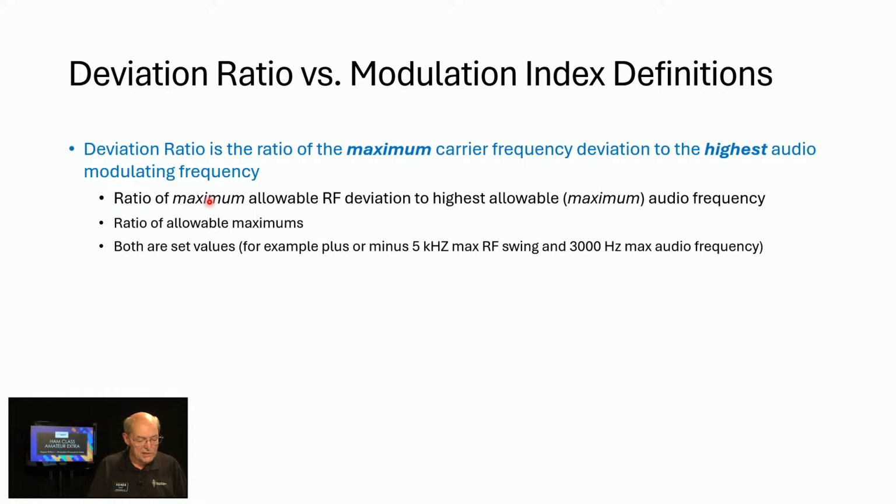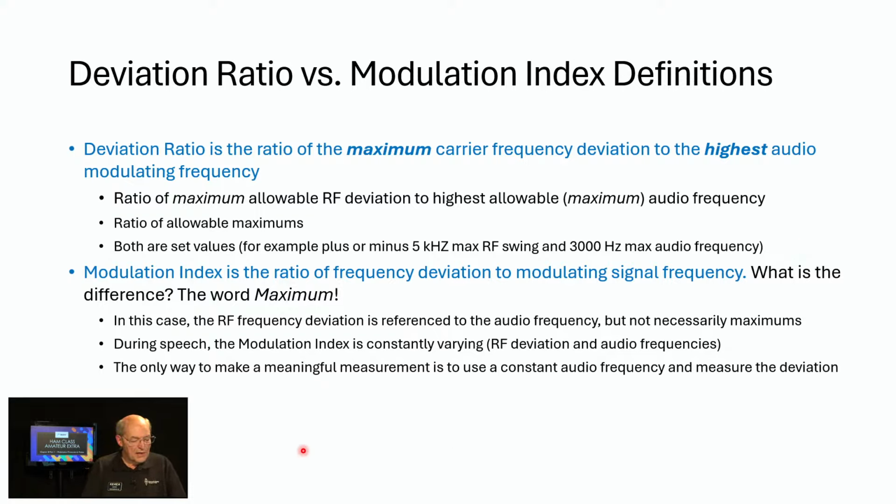It's a ratio of allowable maximums, or would that be maxima? I'm not sure. Both are set values. For example, plus or minus 5 kilohertz max RF swing and 3,000 hertz max audio frequency. These are set values determined by the manufacturer of your radio, something that you normally can't change.